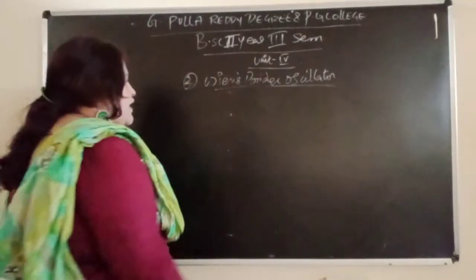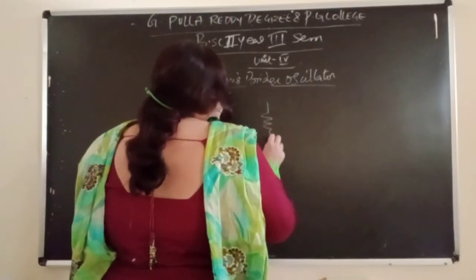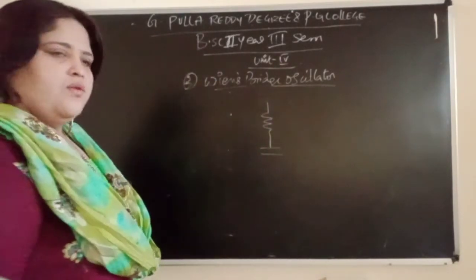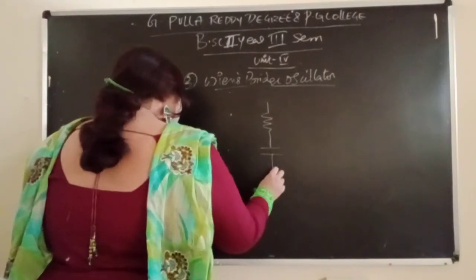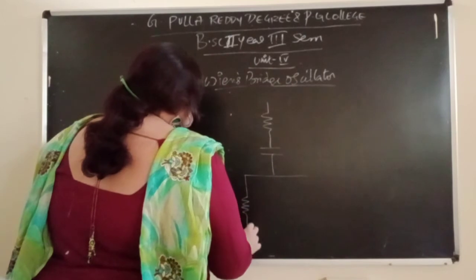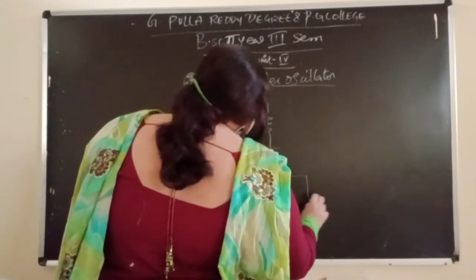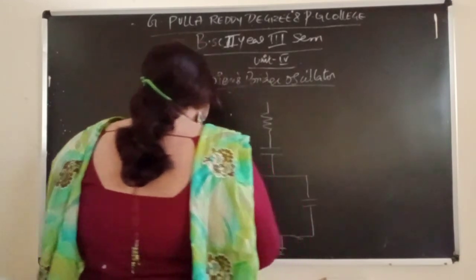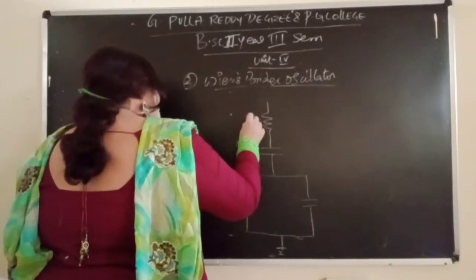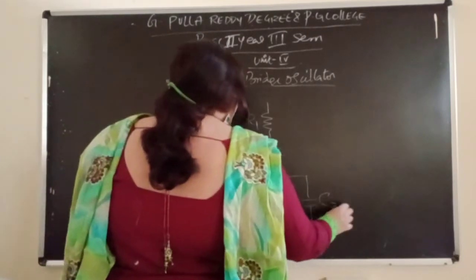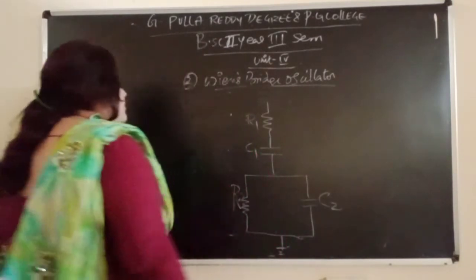First we are drawing the upper arm. Then you mark it like this and draw the resistor, then the capacitor, in the bridge type. This is R1, C1, R2, C2.